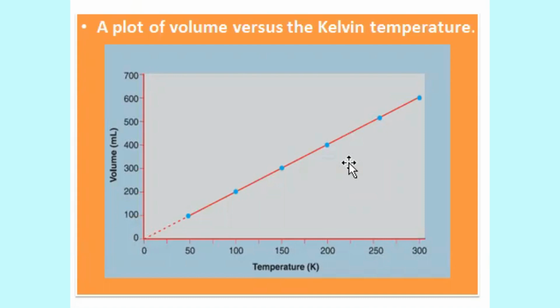Volume is directly proportional to the Kelvin scale, or the absolute temperature. As the temperature increases, the volume also increases. As the volume decreases, the temperature also decreases.